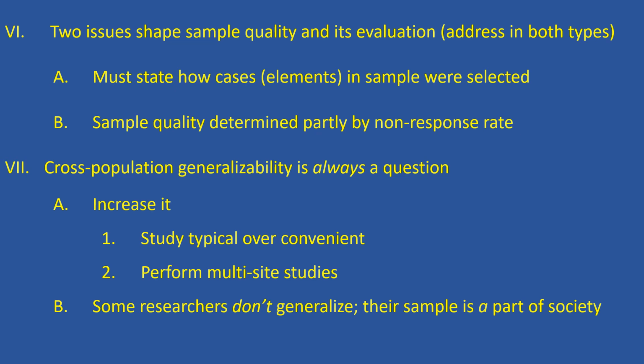They have a right to be researched like everybody else. It says something about society that they exist. So sometimes you can talk about sampling and not really worry about generalizability. Most researchers are always concerned with generalizability. And some aren't concerned with it. And that's okay.